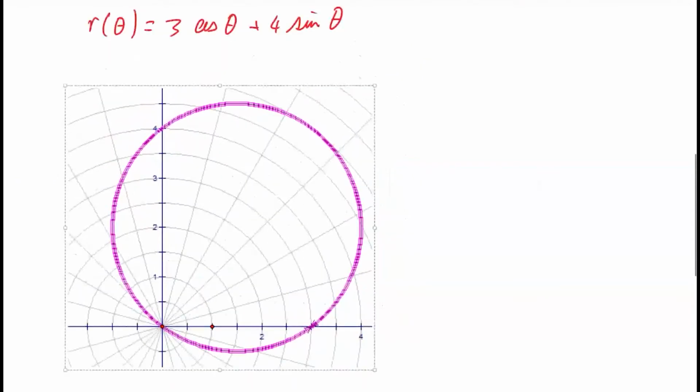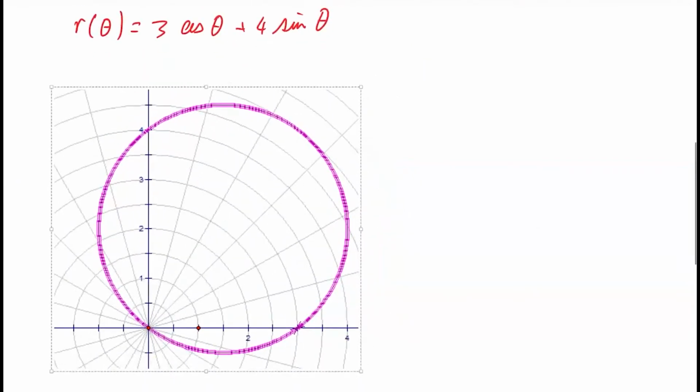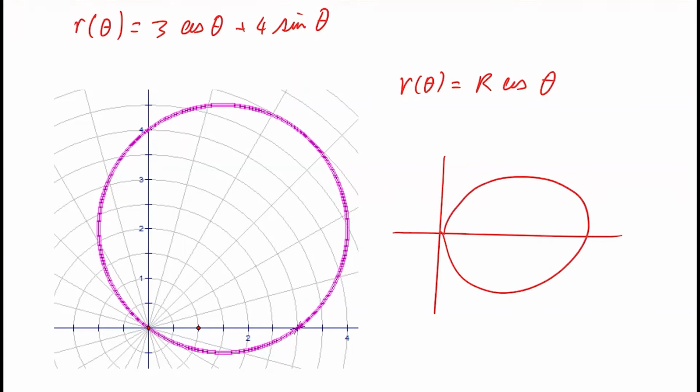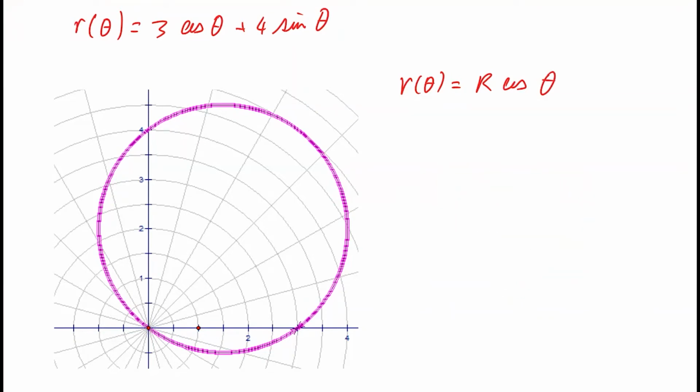But then do you see, the equation of the circle in polar coordinates is r equal to some radius, we'll just call it R, times cosine theta, isn't it? But then that is this circle. This thing is being rotated by some phase shift. Do you get it?